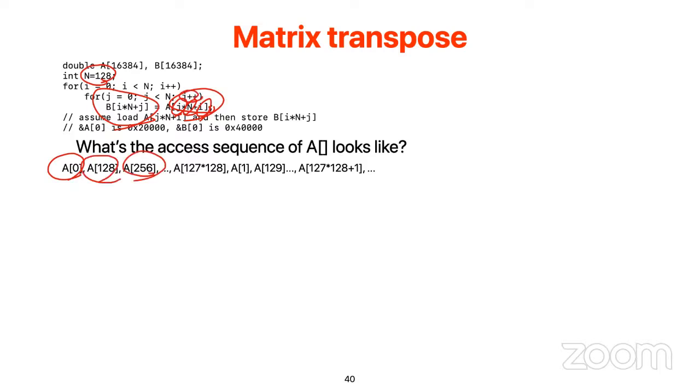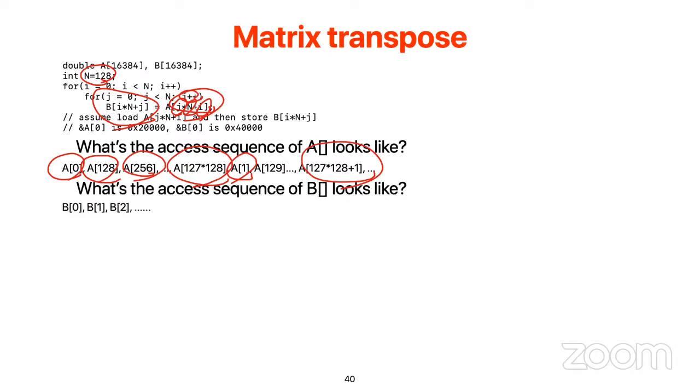The maximum value you reach when i equals 0 would be 127 times 128. Then you start another run: A1, A129, up to A1 plus 127 times 128. They are going to interleave the accesses with B. For B, it's very regular: B1, 2, 3, 4, 5, 6, 7, strictly incremental.